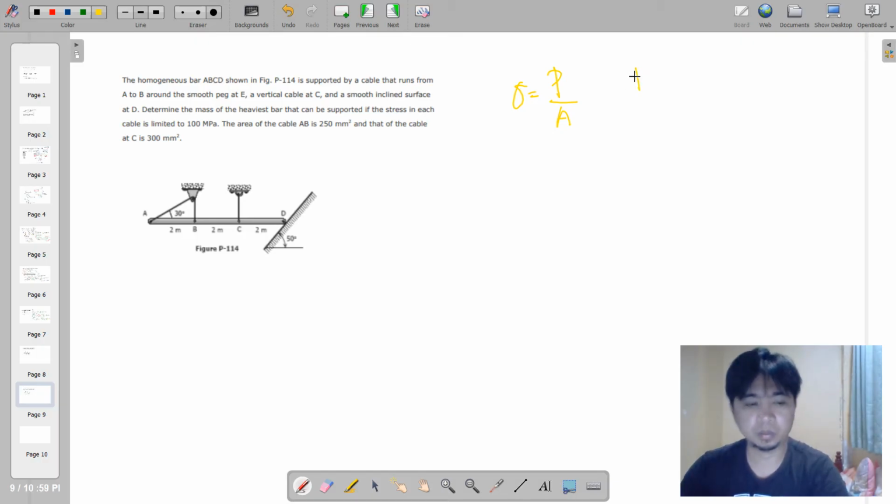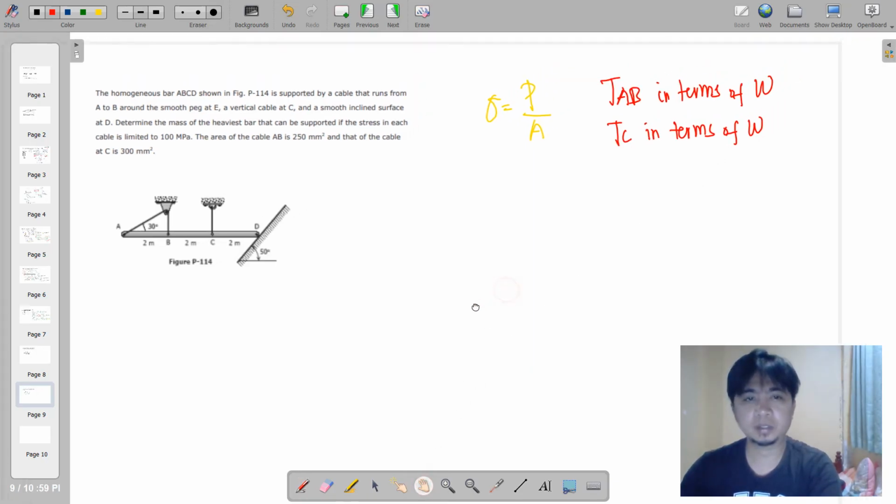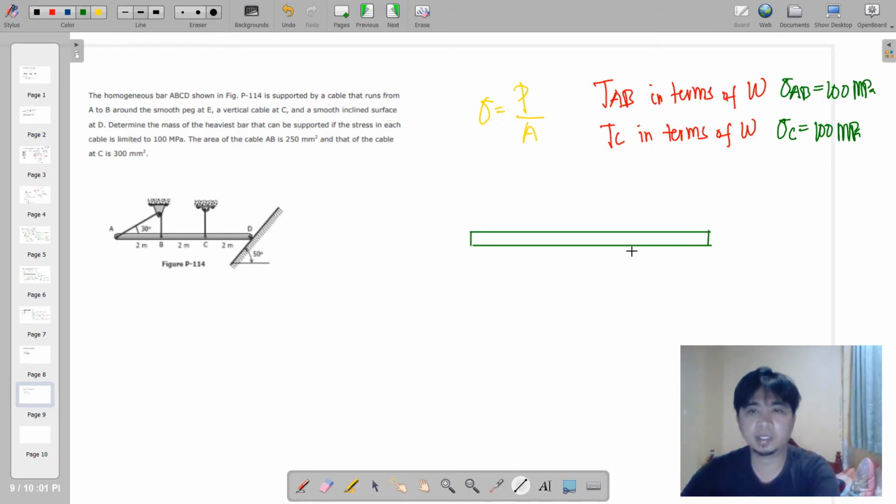So we are going to express TAB in terms of W and TC in terms of W under the limit where AB is limited to 100 megapascal and TC also is limited to the same value, 100 megapascal. So now we consider the free body diagram.